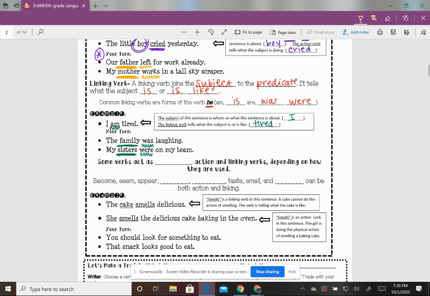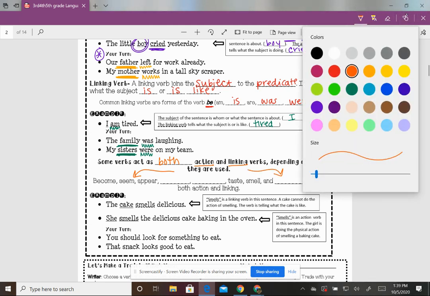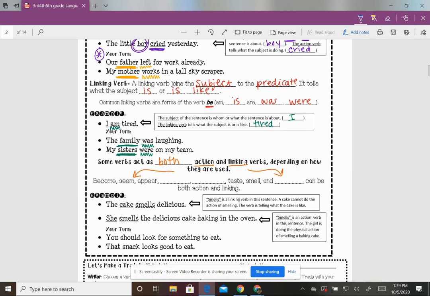And what gets really kind of funky is that some verbs actually can act as both linking and action, depending on how you use them. The list that I'm going to show you below is full of all kinds of examples that could be used two different ways. So let me show you what I mean by that.